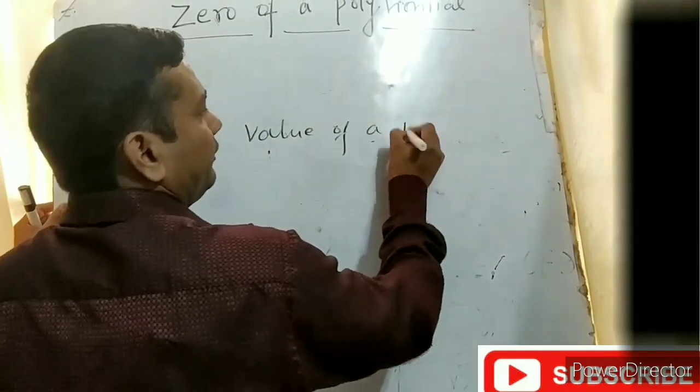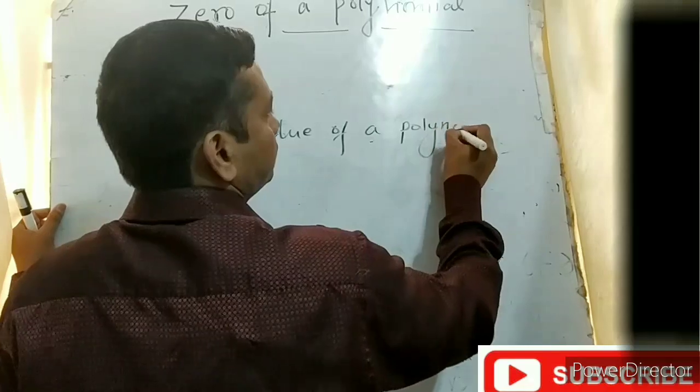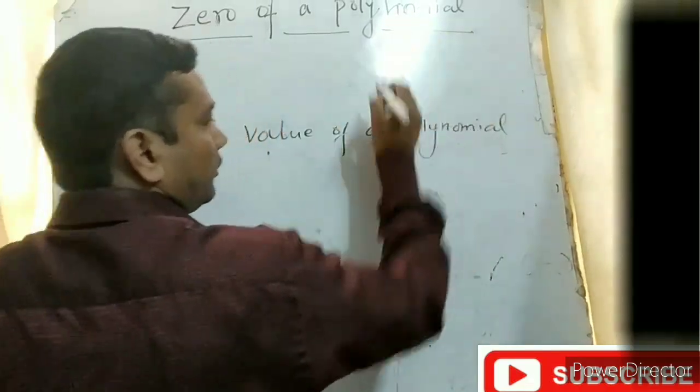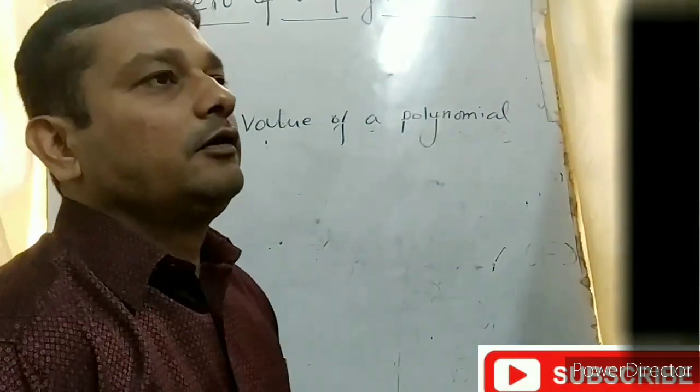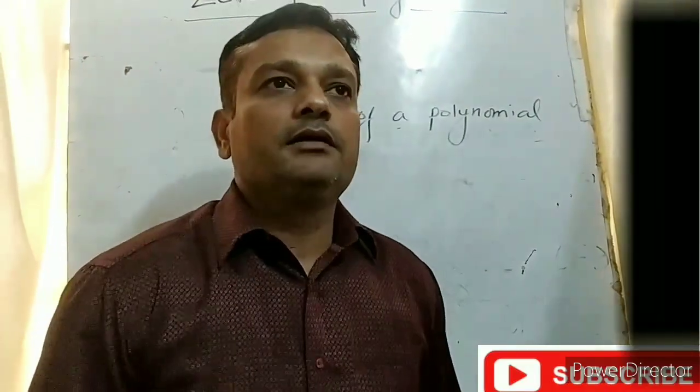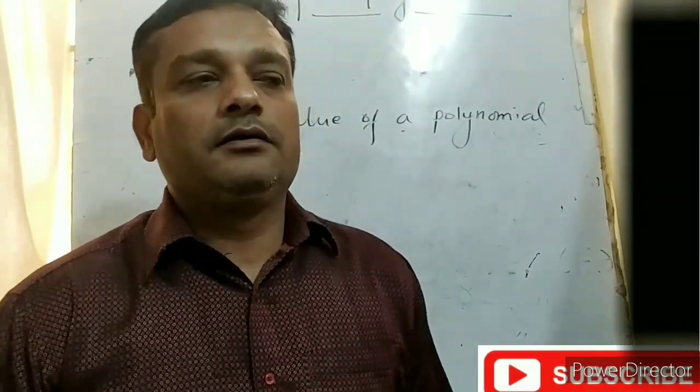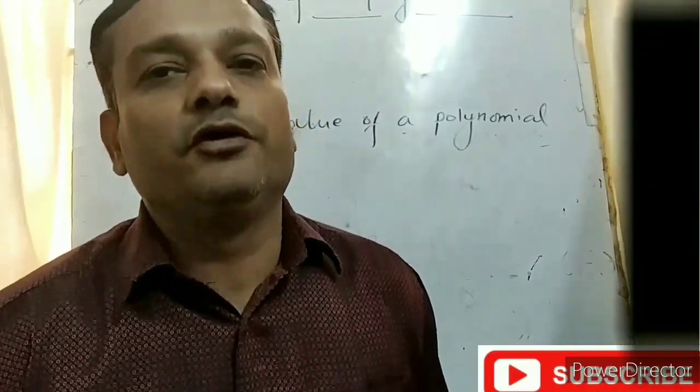Value of a polynomial. The value of a polynomial obtained by putting a particular value of the variable is simply known as the value of a polynomial.